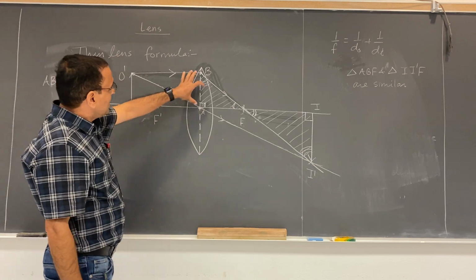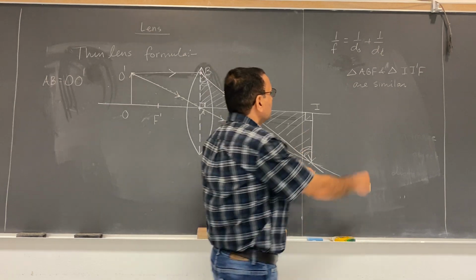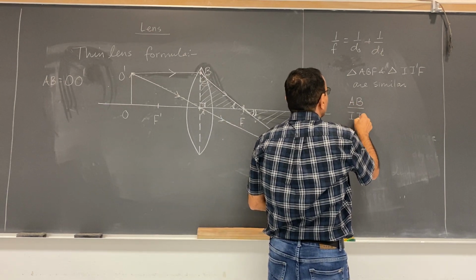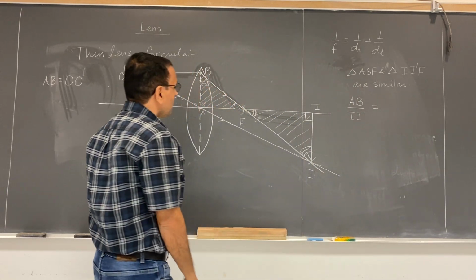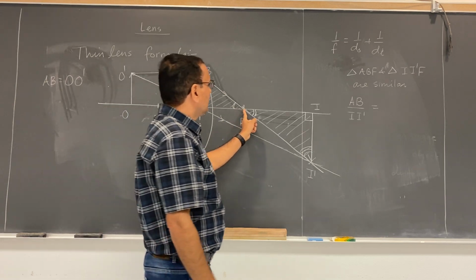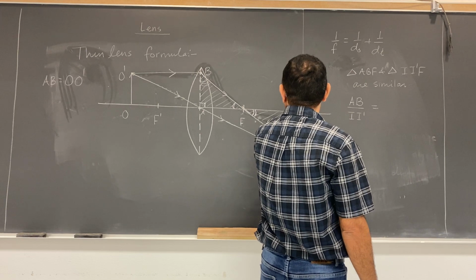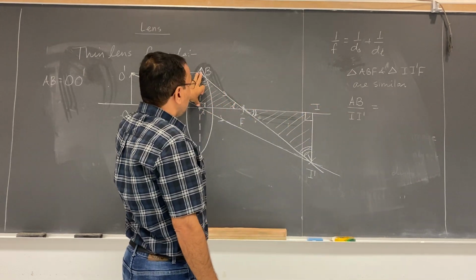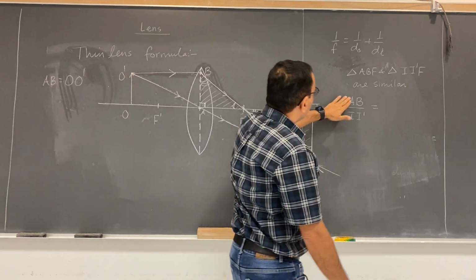If they are similar, I can write down AB divided by I prime. This is equal to what next? You can write down AF divided by IF. So here I write down AB. AB is the object. So it is better, let me first write down the other way.